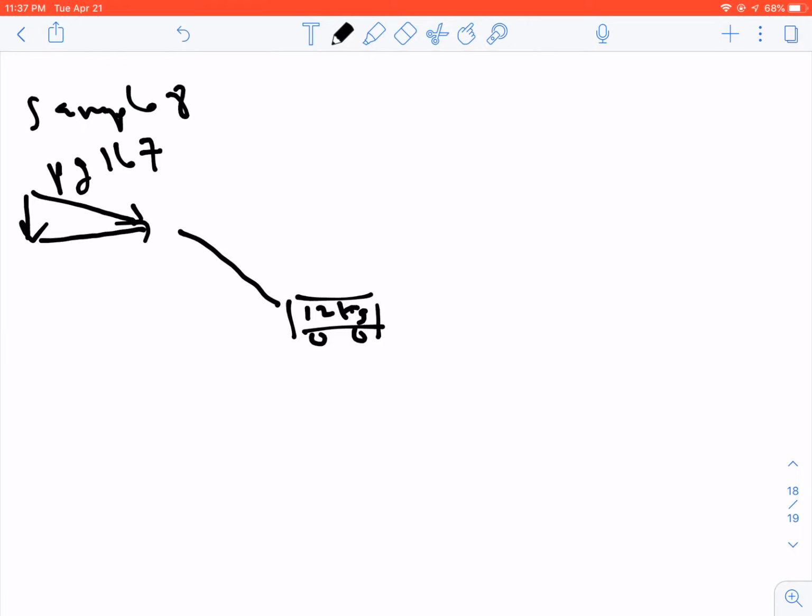Now, I think in here it should be telling us that the acceleration is 0.